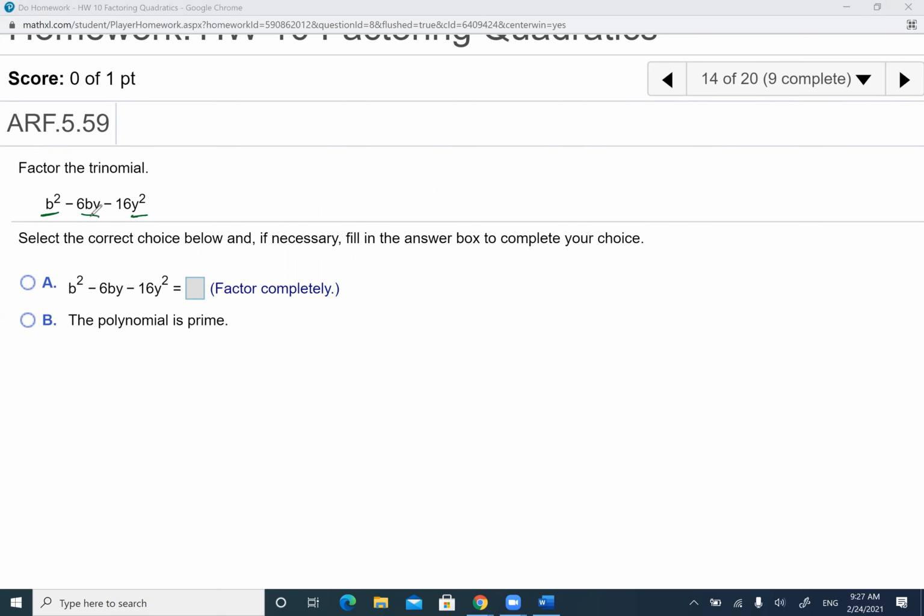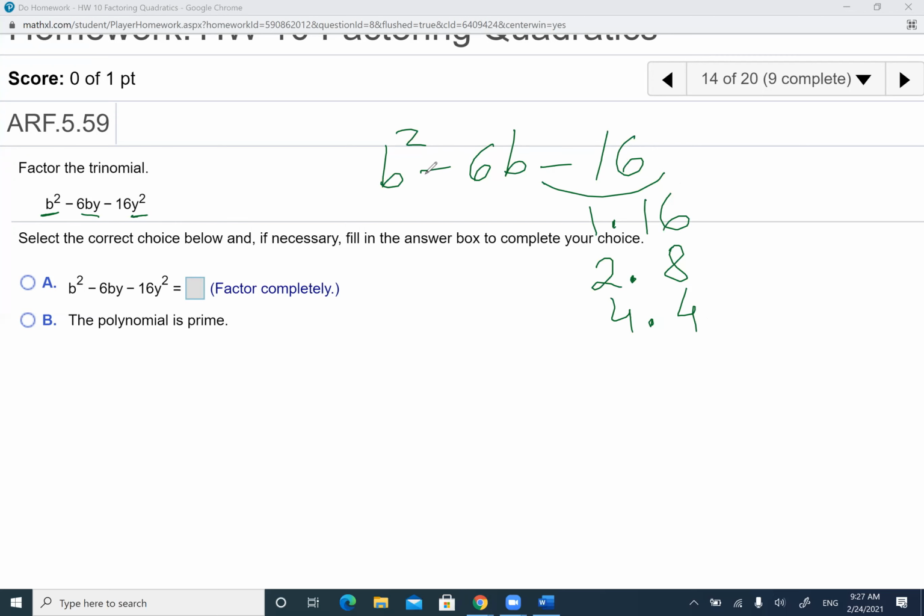So what I'm doing, I'm going to do the same. Get the factors of the last number, negative 16, and get all the factors. So it's 1 times 16, right? 2 times 8, 4 times 4, right? Now, it's a negative, so one of those is negative, but the middle is negative 6, so that means the bigger number is negative.